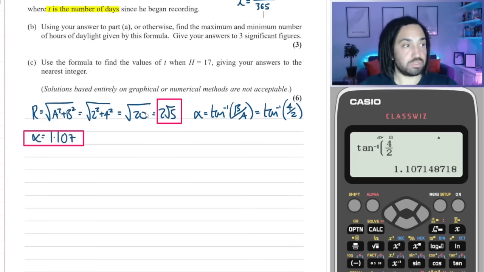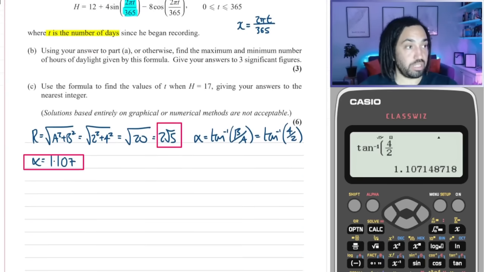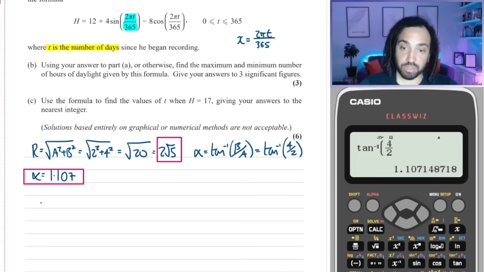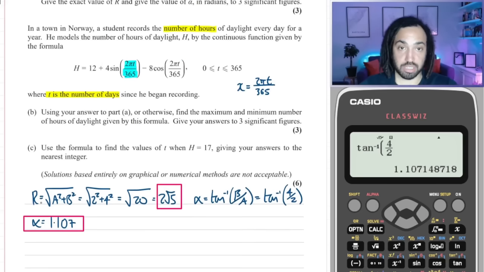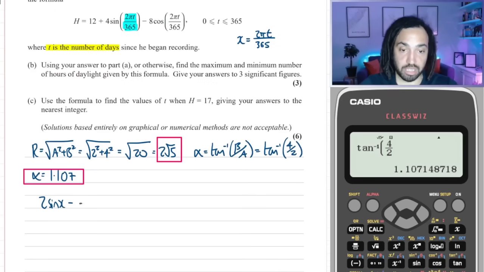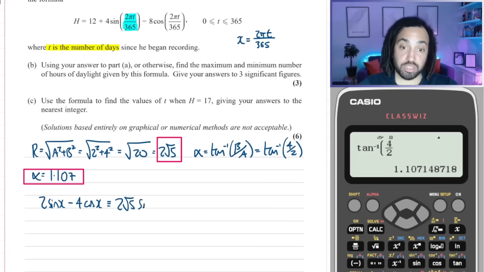Okay, so let's just write out the harmonic form bit first actually. So that was that 2 sine x minus 4 cos x was equivalent to 2 root 5 sine of x minus alpha, which was like this.